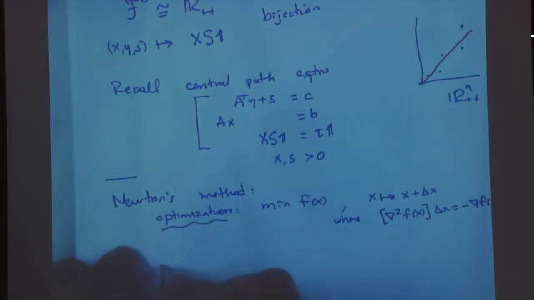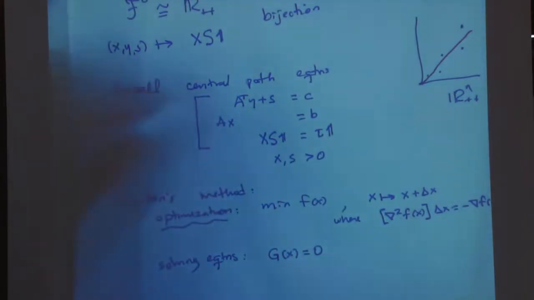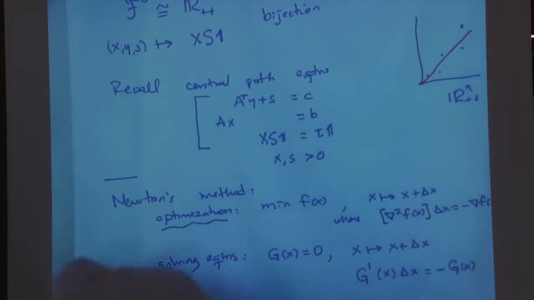And Newton's method for solving equations is, suppose that we want to solve a system of equations that is g of x equal to 0, a nonlinear system of equations, kind of like this system of equations. So what we do here is from x, we produce a new point, x plus delta x, where the delta x here is the solution to the following: the derivative of g of x, delta x, equal to negative g of x.